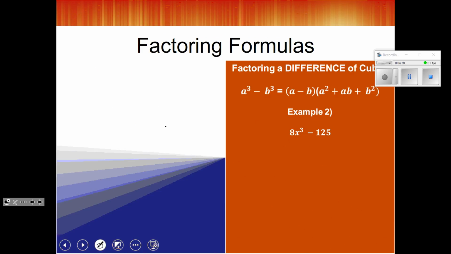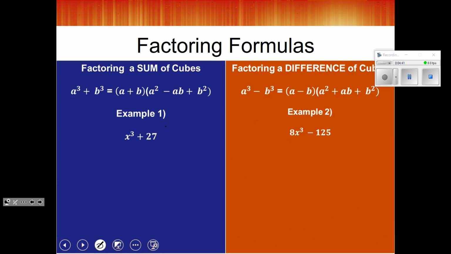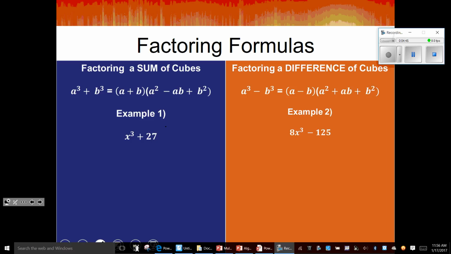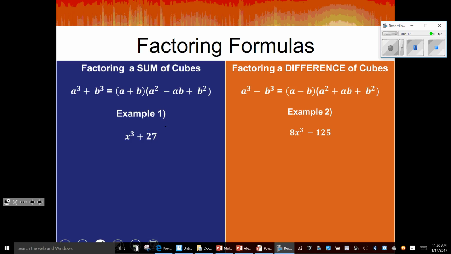I'm going to give you a second to write all this down, and then we're going to put it into action. There are 5 examples total today, just in case you are wondering.